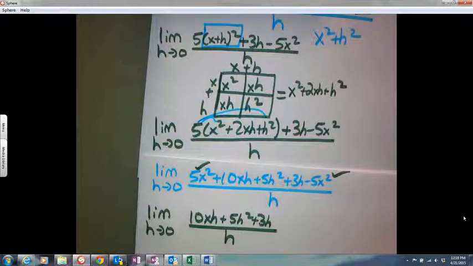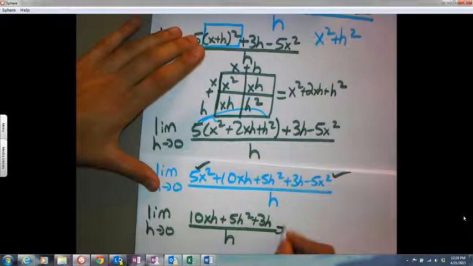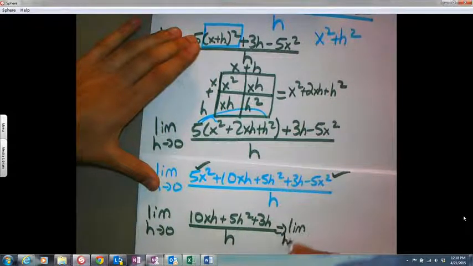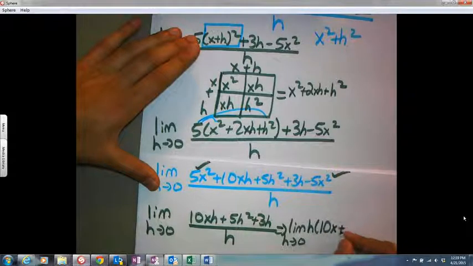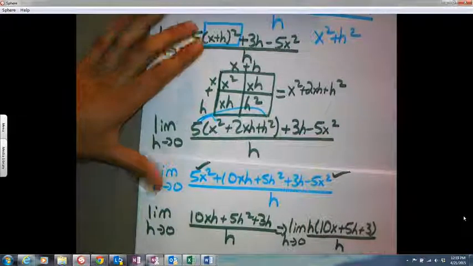Take care of the factoring on the top. Factor on the top. Let the cancellation occur.